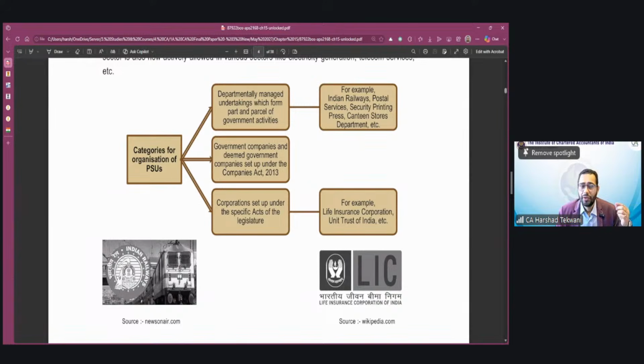Now these corporations, the government companies, the departments being managed by various ministries, all of these are public sector undertakings. Okay, all of these are public sector undertakings. Clear? Any doubt till now?